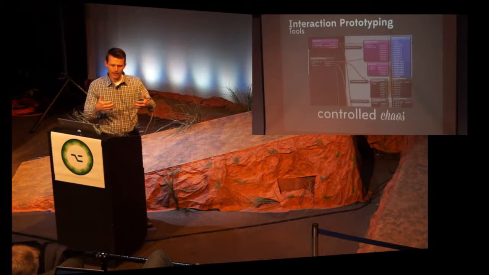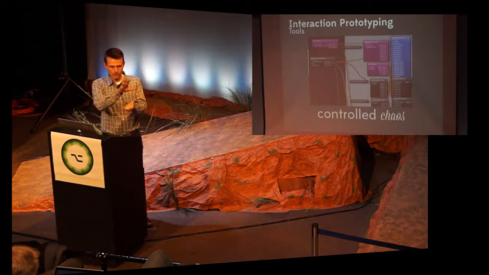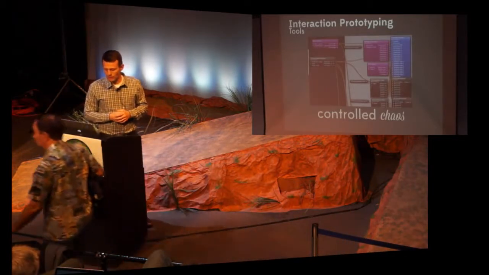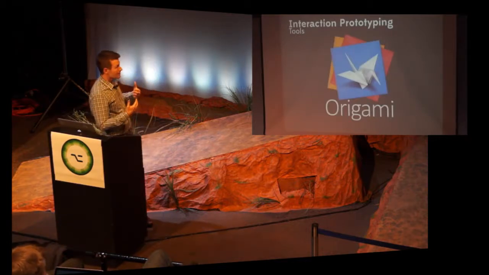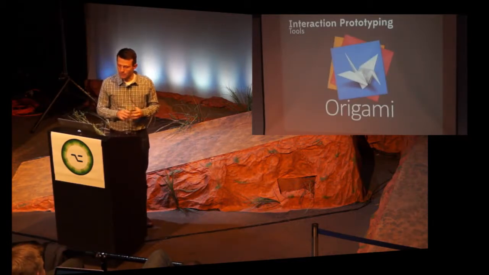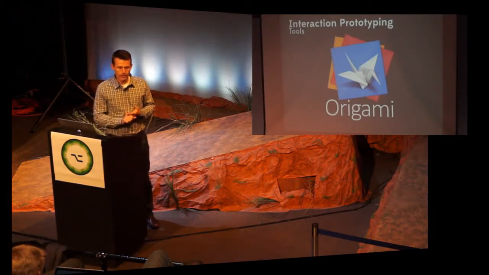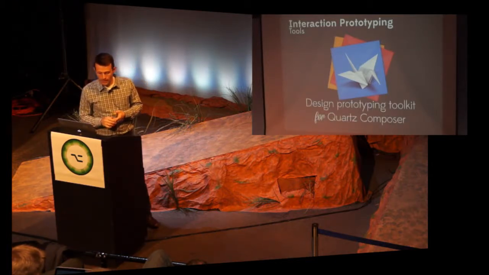So you don't have a common, pattern-based vocabulary where somebody looking at your composition can immediately realize, oh, these are the patches that handle scrolling for a particular area. They've got to decipher everything that's going on within your composition. And that's what's so great about Origami, because it addresses these two issues directly. It provides a way to always focus on pixels as your coordinate system, and it creates a common vocabulary.